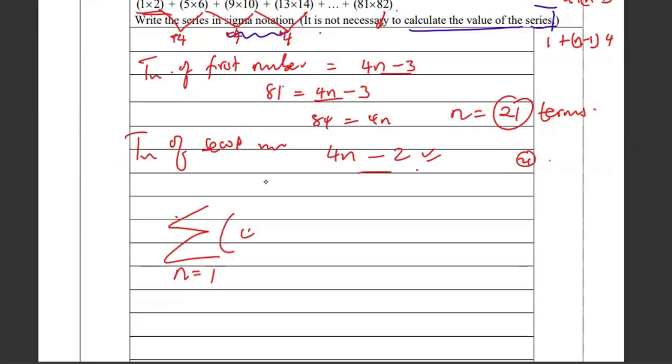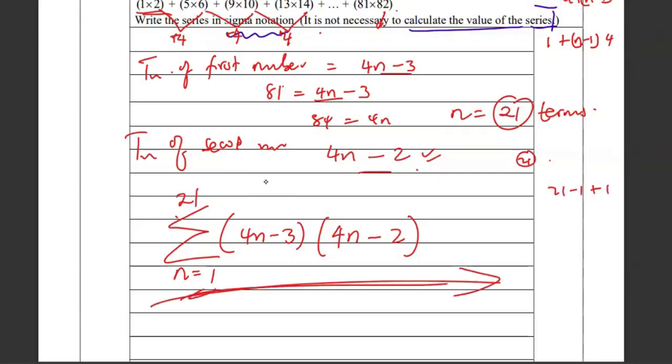So I'm going to have 4n minus 3 into 4n minus 2. Now, since we're talking of 21 terms and we're starting from 1, meaning that the end here should be 21, because it will be 21 minus 1 plus 1, so that we have those 21 terms. So I think this is what the question was asking for.